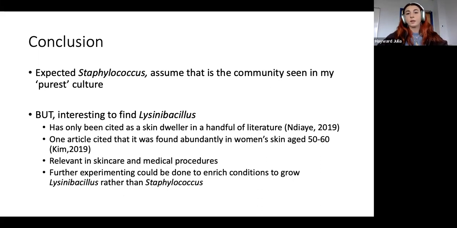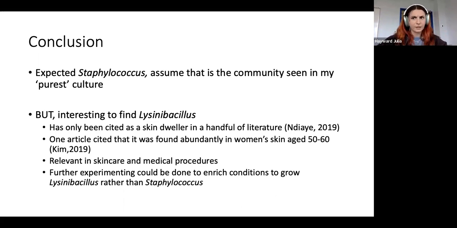And medical procedures as well. If you're getting surgery, you think that there's a lot of Staphylococcus in your body and you're being prepped to inhibit that bacteria. But what is happening is not, per se, inhibiting Lysinibacillus, and that gets into your bloodstream, that can cause infection. So I think it's really important that we know that Lysinibacillus can be a massive skin dweller.